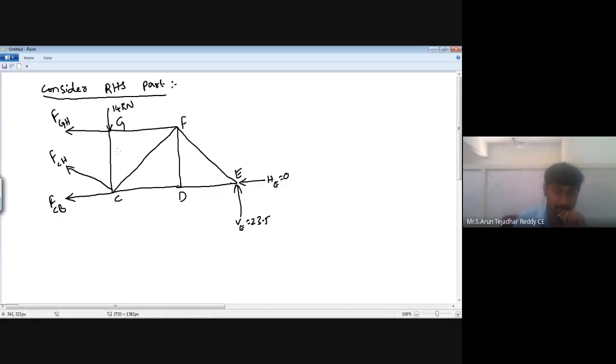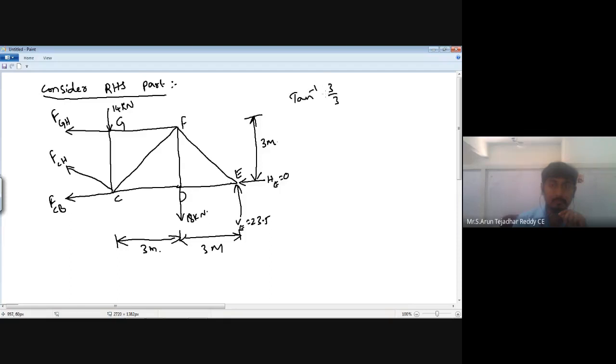So this is the diagram of the RHS part. 18 kilonewton, and from C to D it is 3 meter, here 3 meter height, 3 meter, and same. Here you will get 45 degree.